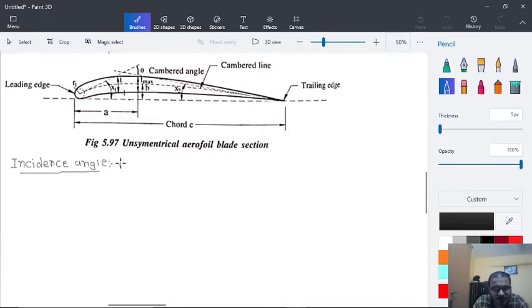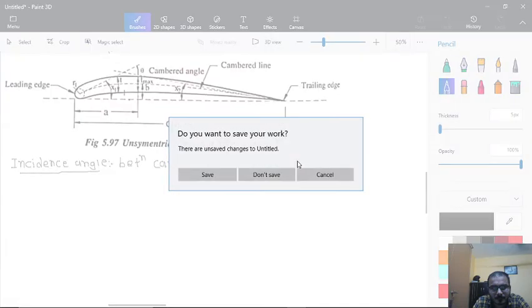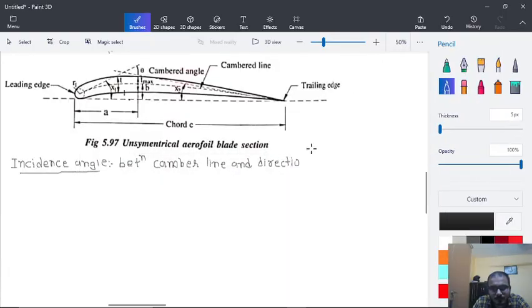It is the angle between camber line and direction of velocity of approach.